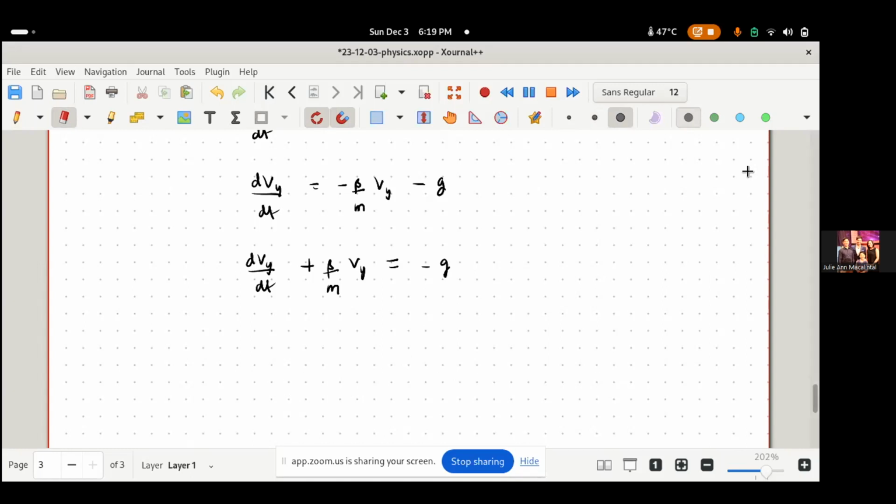So the method is this. I want to write the left-hand side as the derivative of some product.